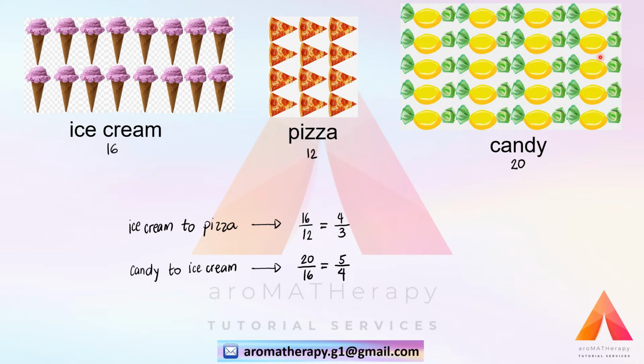Next, pizza to candies. 20 candies and 12 pizza. So we have the given order, pizza to candies. So we write 12 over 20. This is equal to 3/5.